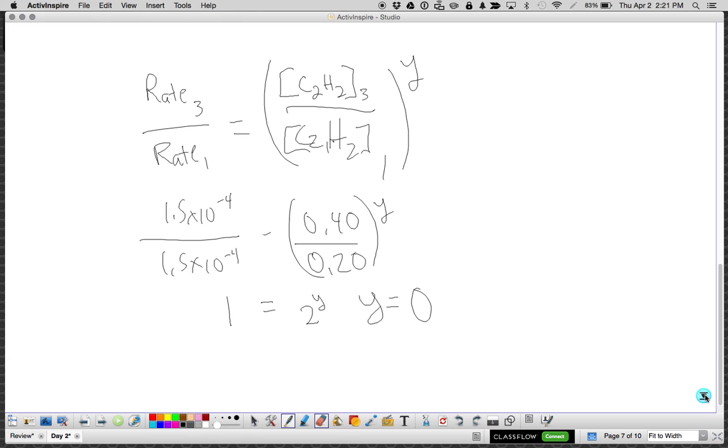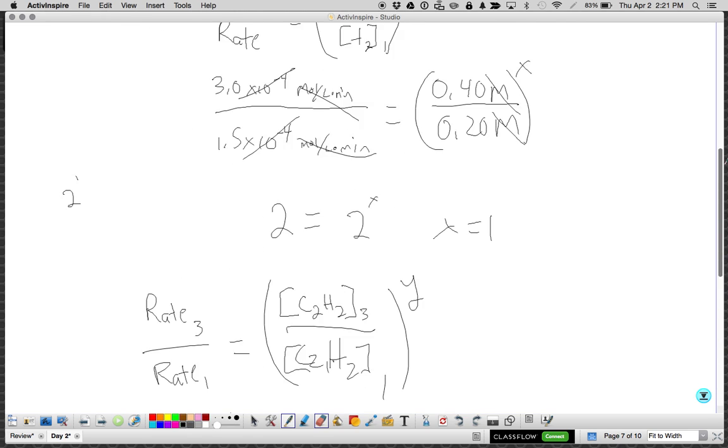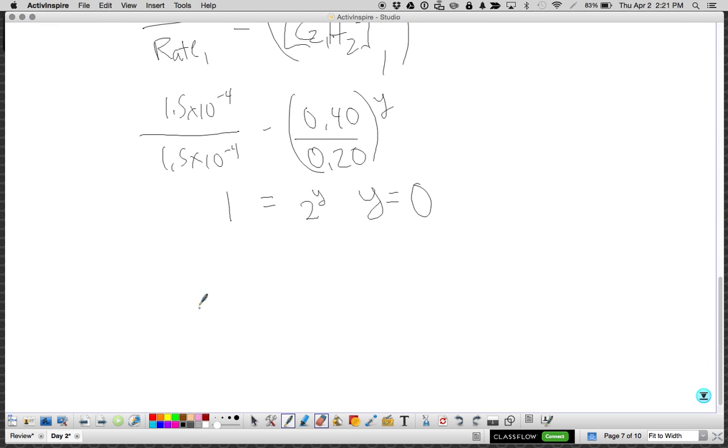So when we put this all together, if I take my x and y and plug them back into my rate law, rate equals k times the concentration of H2 to the 1 times concentration of C2H2 to the 0.